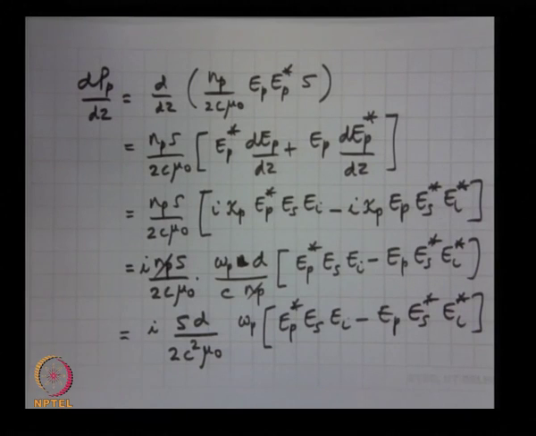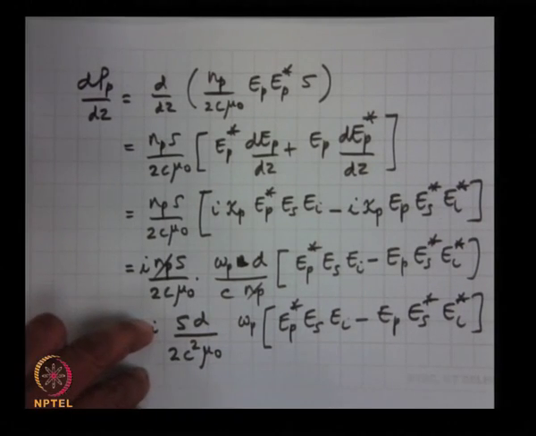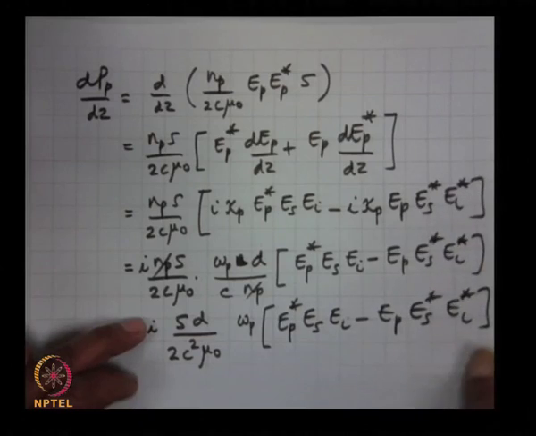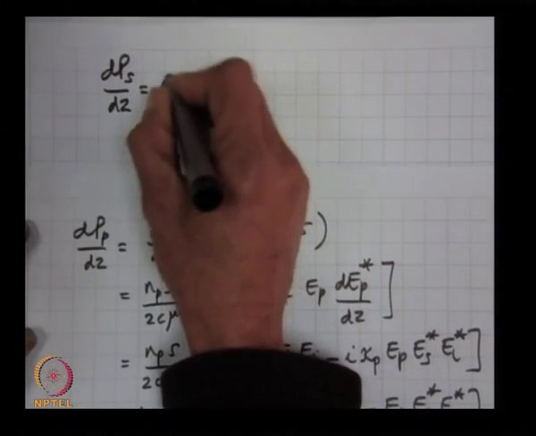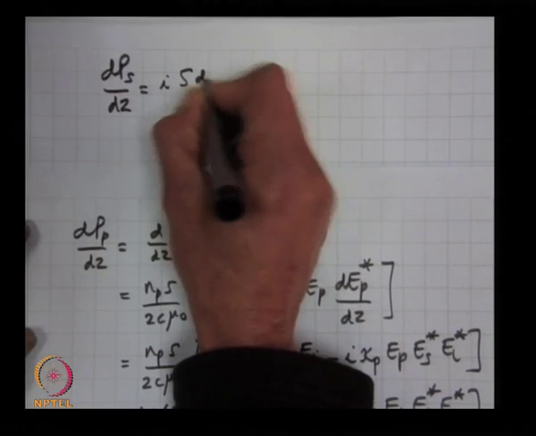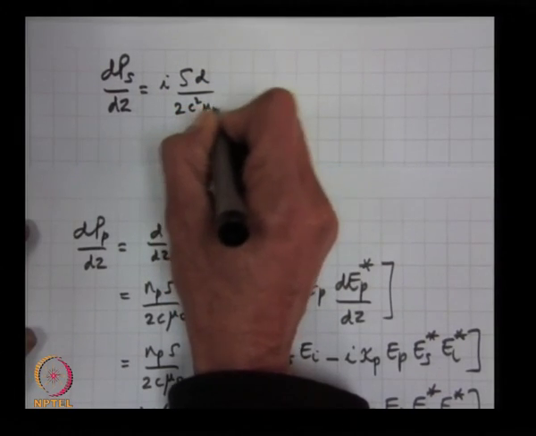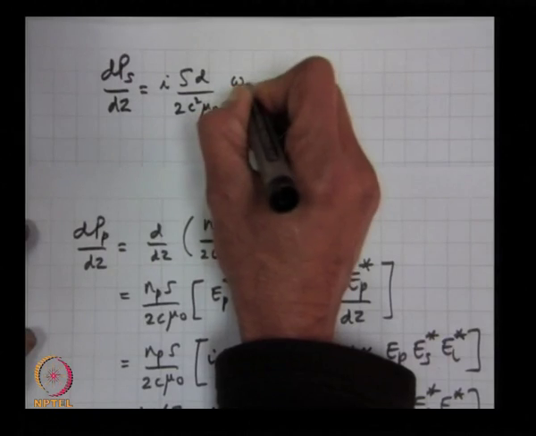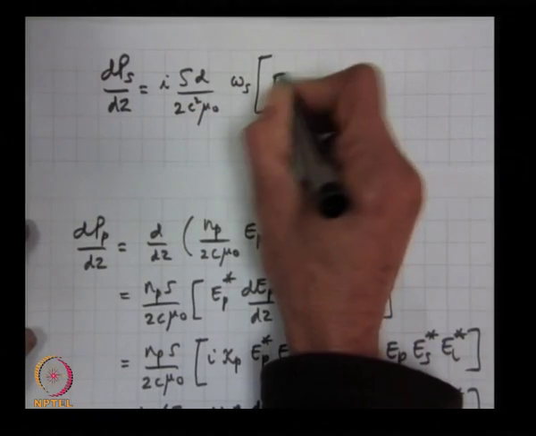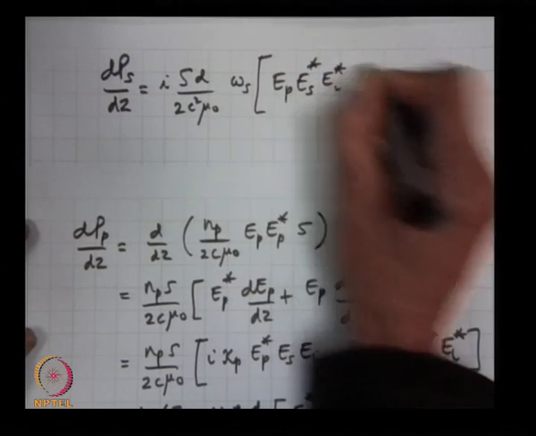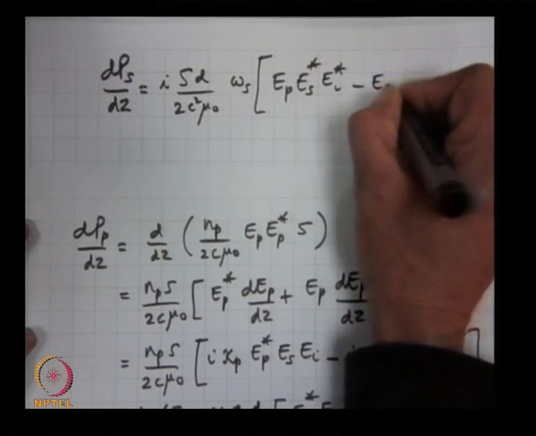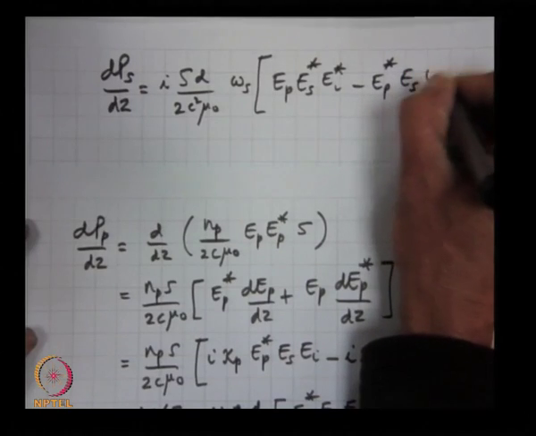Okay. Now, I can do the same thing for dPs/dz and dPi/dz. I leave this to you to please show dPs/dz will be i s d by 2c square mu 0 into omega s into Ep Es* Ei* minus Ep* Es Ei.